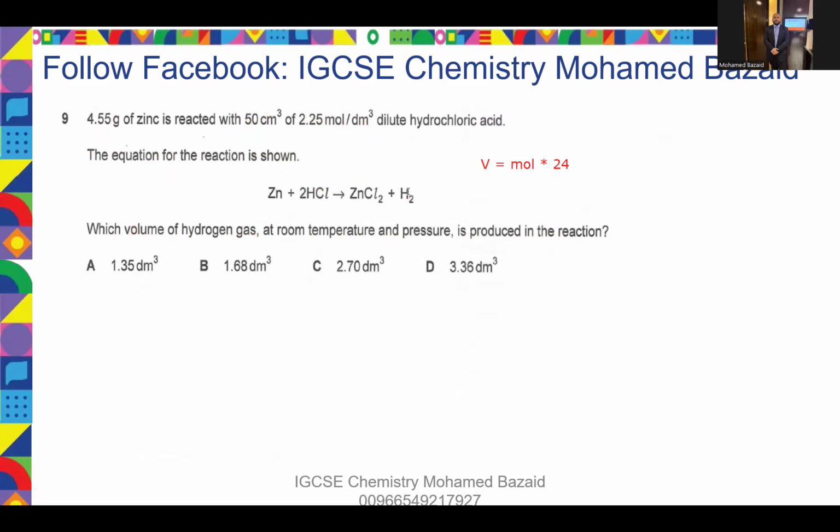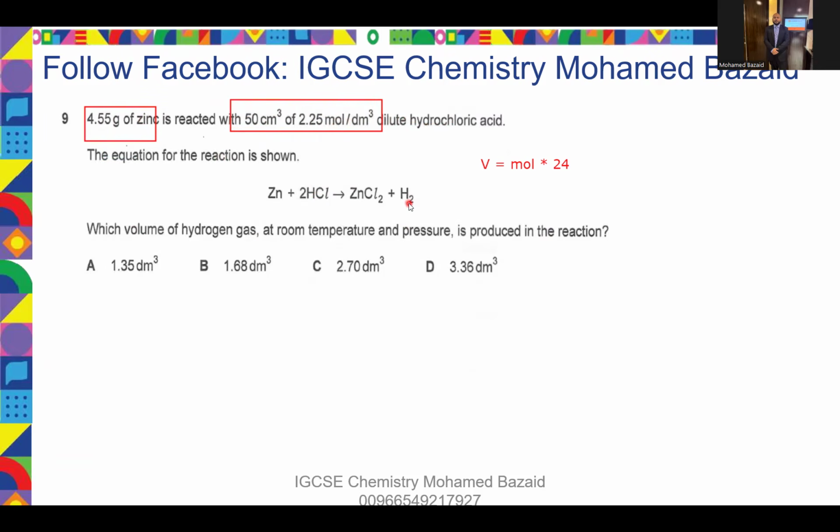There is no information about hydrogen, but I have information about zinc and about hydrochloric acid. For hydrochloric acid you have the volume and the concentration. First of all, I will find the number of moles of hydrochloric acid, then make a mole-to-mole ratio with hydrogen.